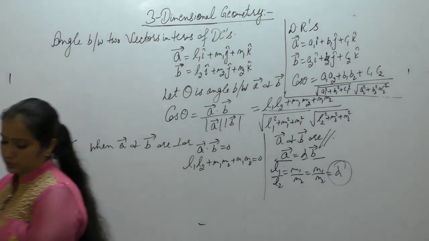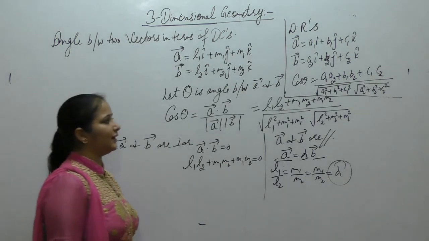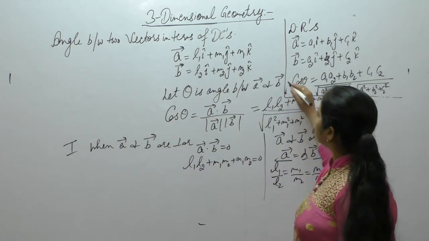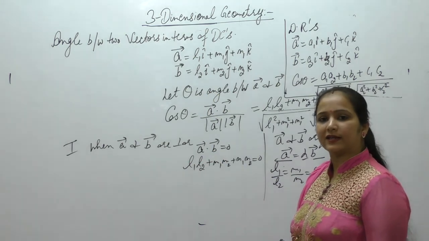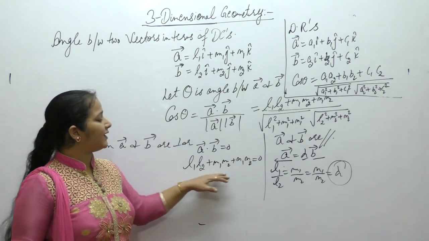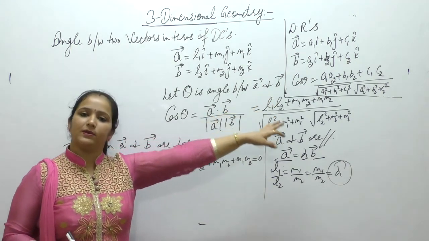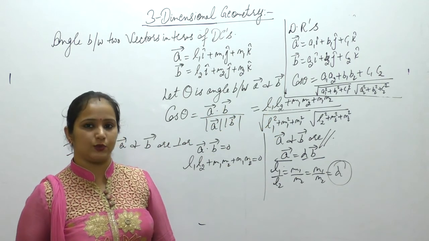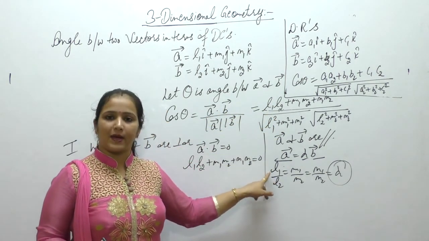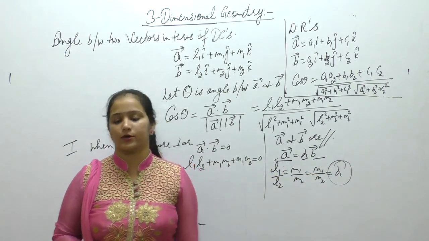So when the direction cosines are given and when the direction ratios are given, we will apply these formulas. If the direction ratios are given and the vectors are perpendicular, then we get A1 A2 plus B1 B2 plus C1 C2 equals 0, and when the vectors are parallel, A1 upon A2, B1 upon B2 and C1 upon C2.